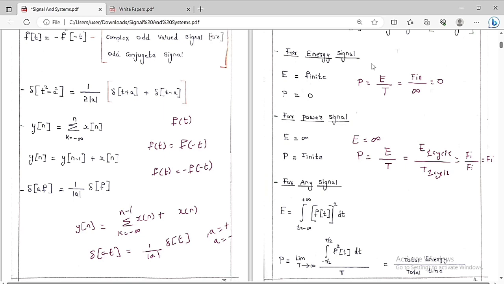So finally I can say any signal which has a finite duration of time is called an energy signal, and all the periodic signals are said to be power signals.